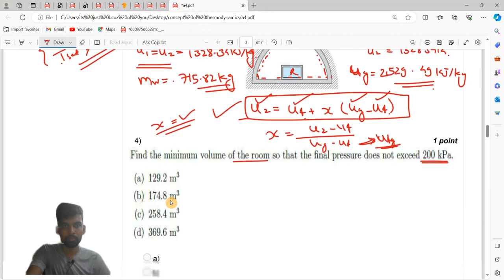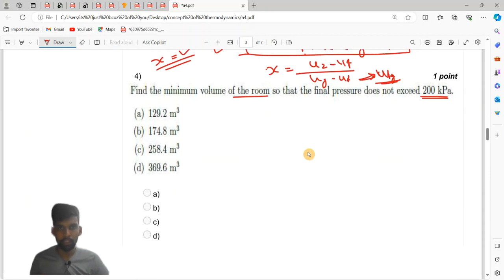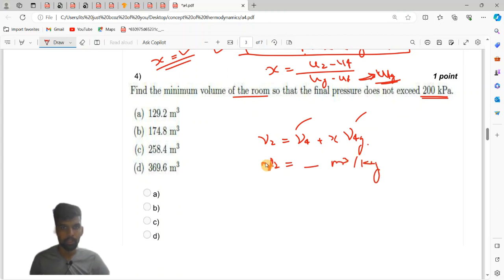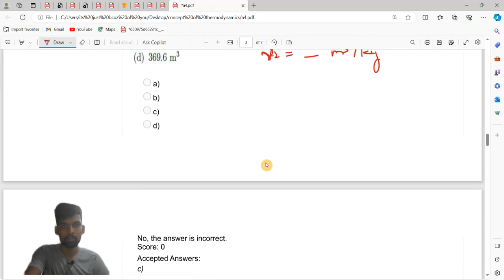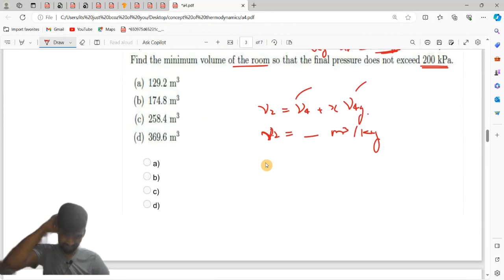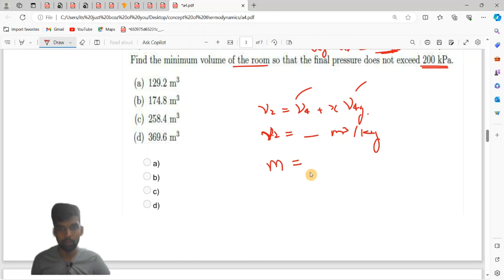Once we have quality with us, we can calculate specific volume at state 2, which is nothing but Vf plus x times Vfg. All these things we will get from the table at 200 kPa. So we have v2 with us, some value in meter cube per kg, and mass we have already calculated.